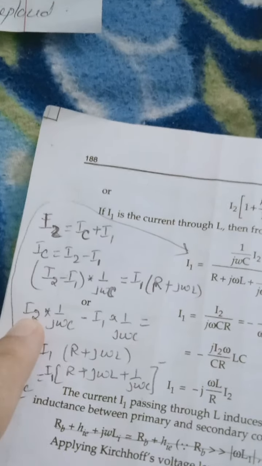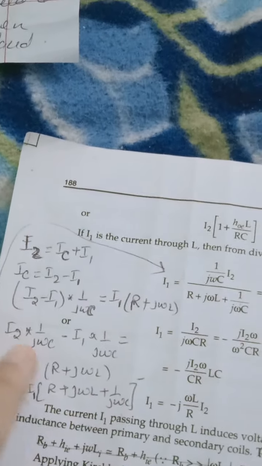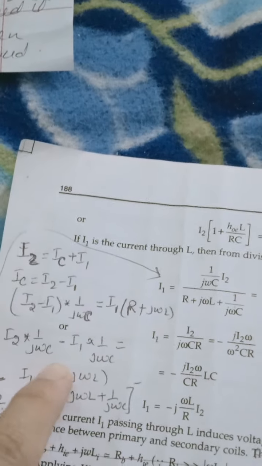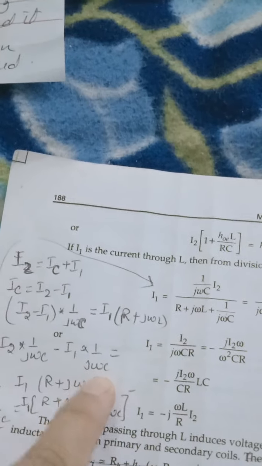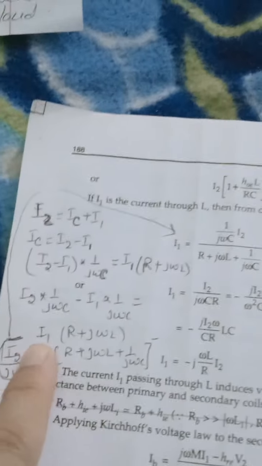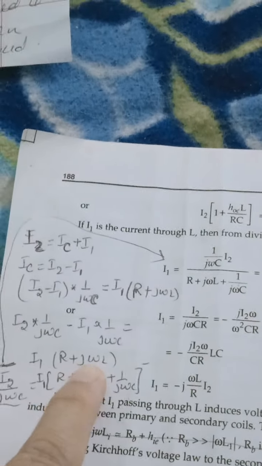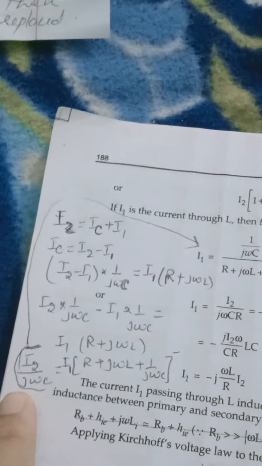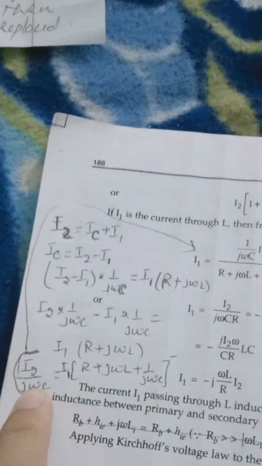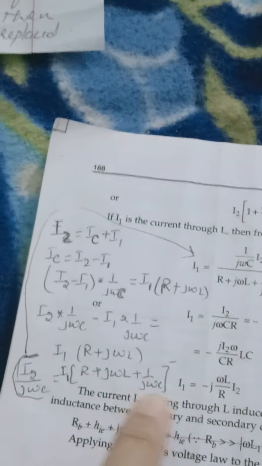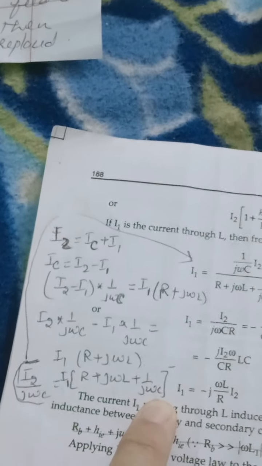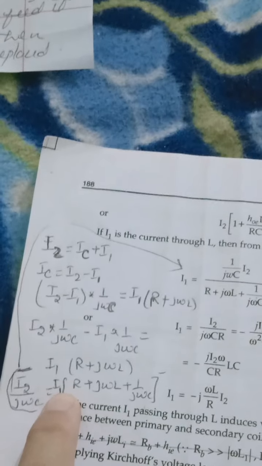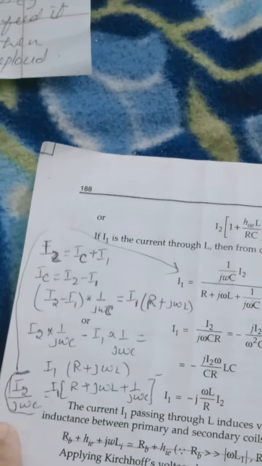So from here we open this bracket, I2 into capacitive reactance minus I1 into capacitive reactance, and this is equal to I1 into R plus iota omega L. Now here rearranging the terms, I2 term is kept along this side and I1 is kept along the other side, and then further rearranging, I1 is kept on the one side and this complete term is being divided by this.